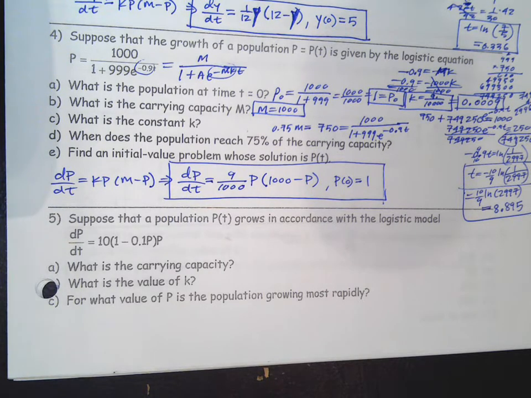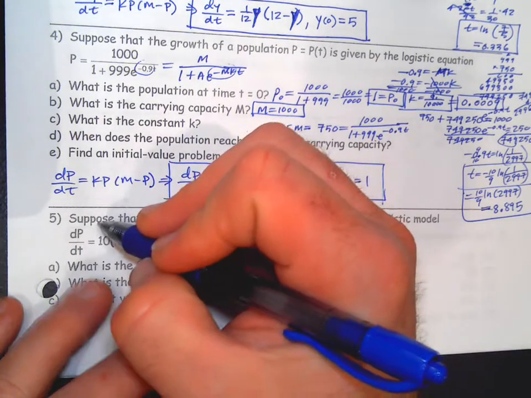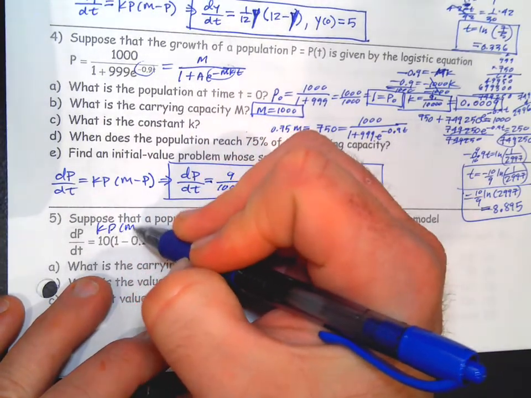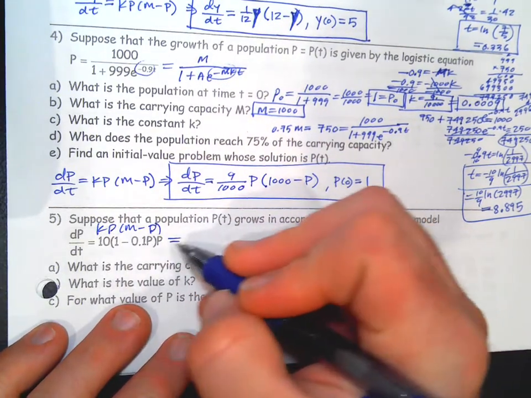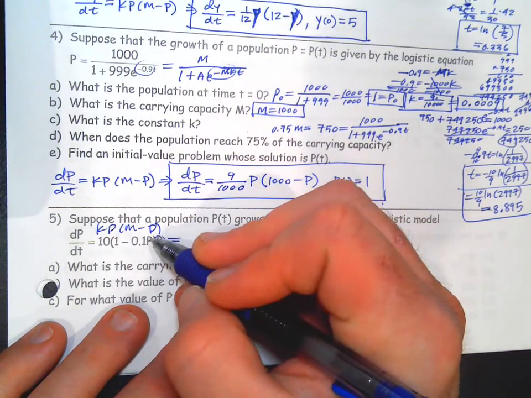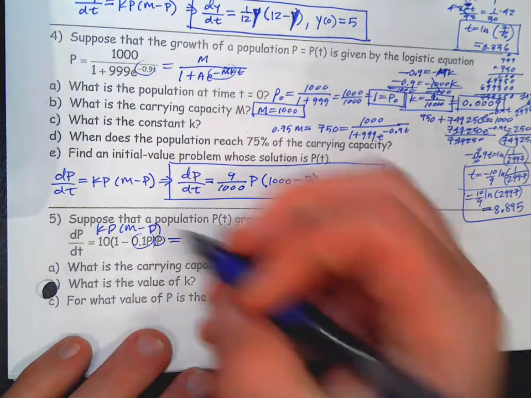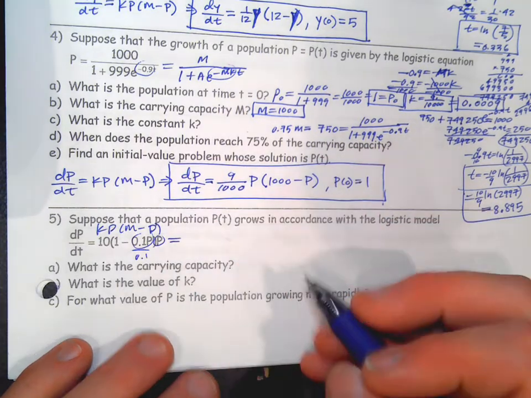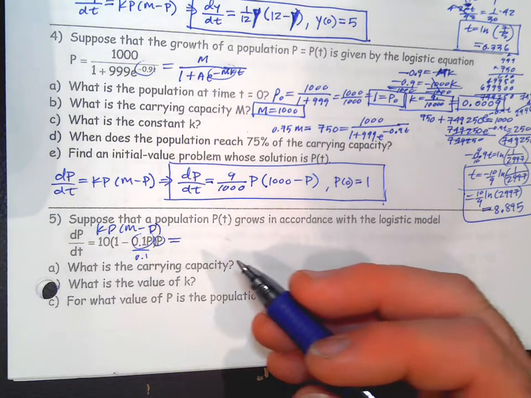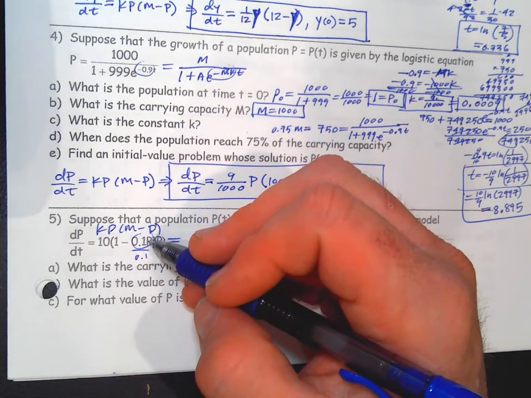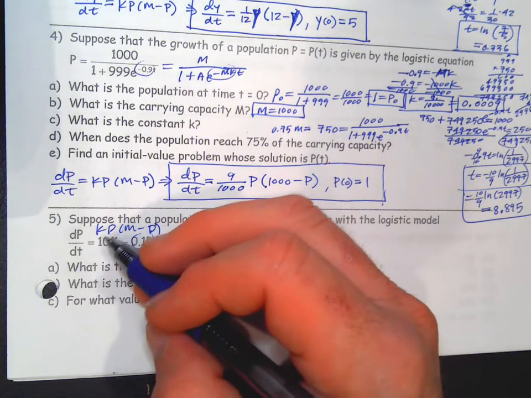Okay, next one. Similar questions, but I'm giving a differential equation. Now remember, this is supposed to be kp times n minus p. So we need to work on this a little bit, I think. There's the p, but this needs to be just a single p. So I think what we need to do is divide a 0.1 out, which is also the same as multiplying that by a 10, and then dividing that by 10.